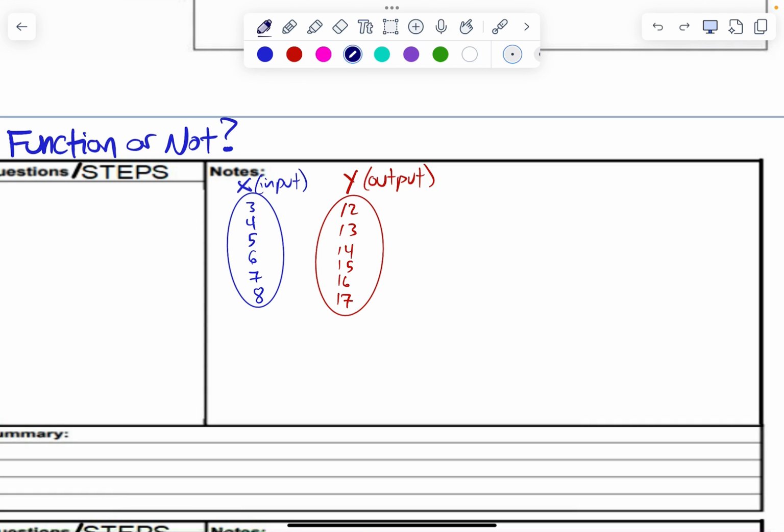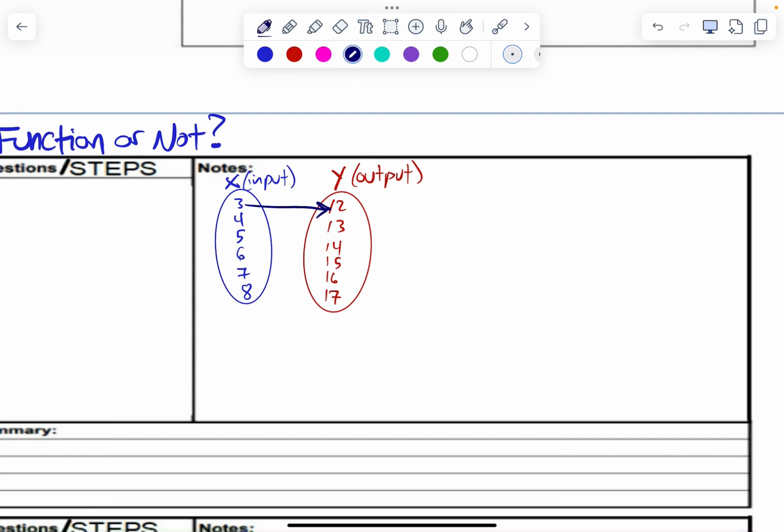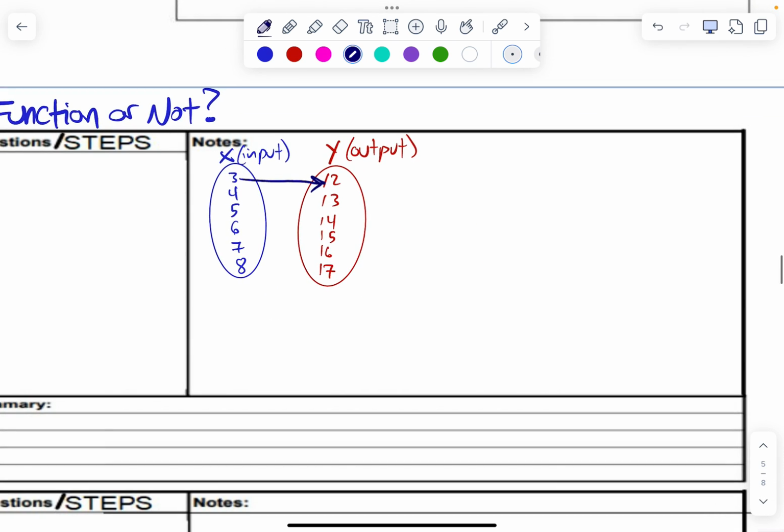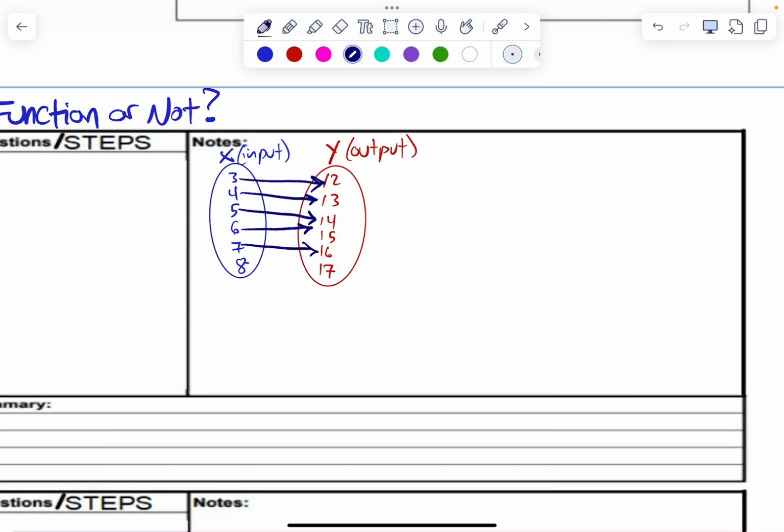Okay, so go ahead and just draw arrows across. And if you want, you can have 2 inputs go to the same output, like I did. So 6 went to both 5 and 14. Let me make that a little bit more obvious. So this is a function.